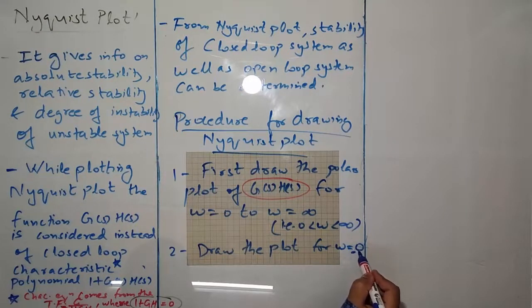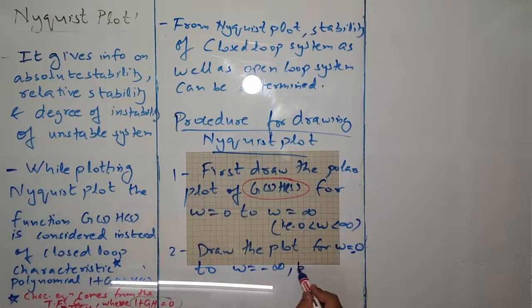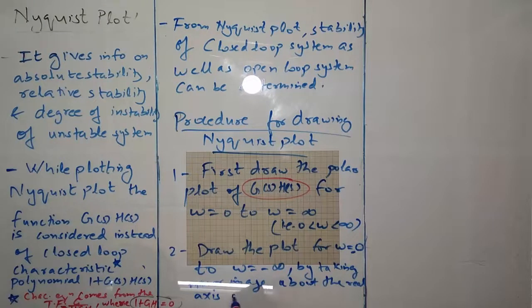Just remember that we are going to talk about the negative values of omega down to omega equal to minus infinity. This is done by simply taking the mirror image about the real axis of the polar plot.